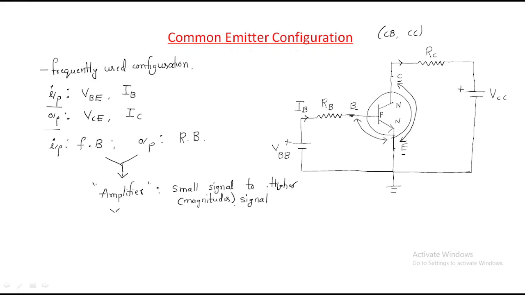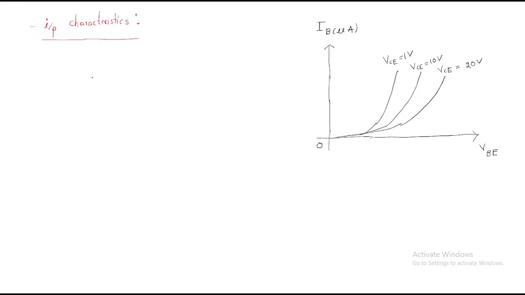First we have to discuss the input characteristics and then the output characteristics. First, the input characteristics. The input characteristics are between VBE and IB. VBE is the base-emitter voltage and IB is the base current.